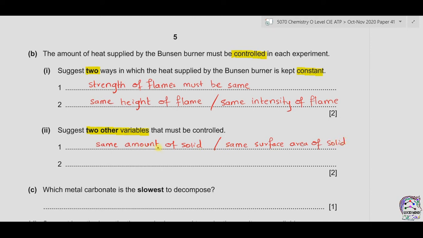This is because if different amount of solid is used, then the rate of reaction will be variable. Similarly, surface area also alters the rate of chemical reaction.